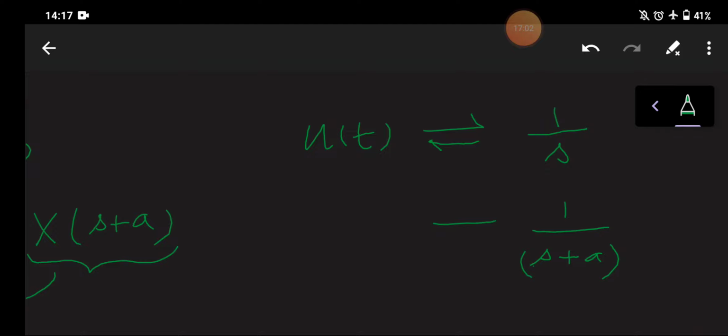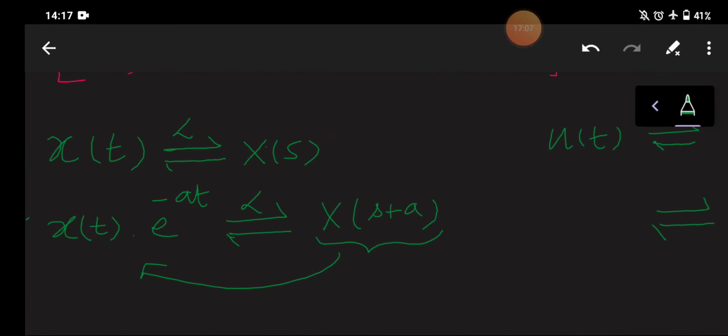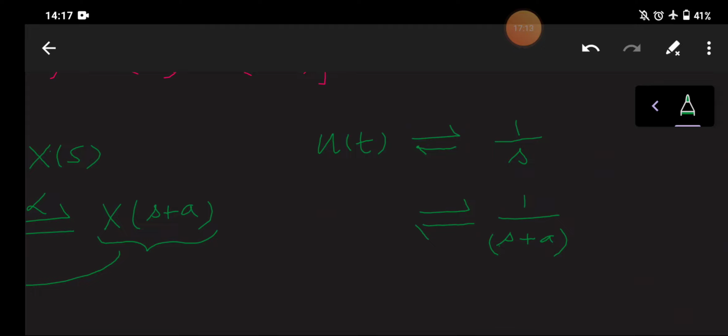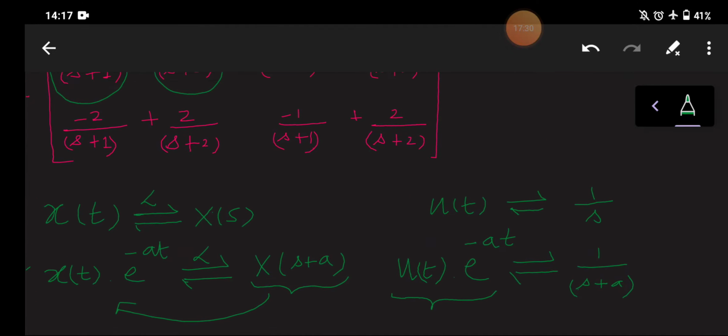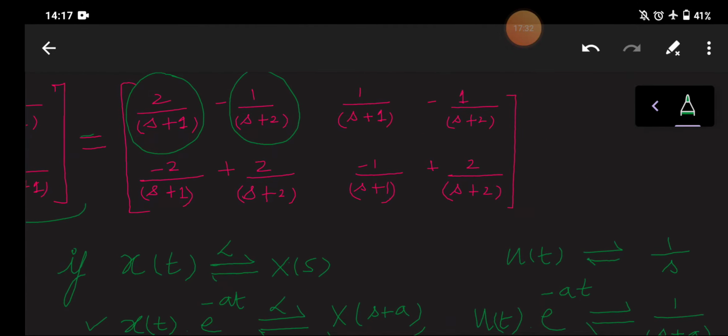So the Laplace for s plus a can be written like this: x(t) multiplied by e to the power minus at. Here x(t) is u(t), so it will look like u(t) multiplied by e to the power minus at. If we have u(t) multiplied by e to the power minus at, then the Laplace is 1 by s plus a, and we have terms that look the same.